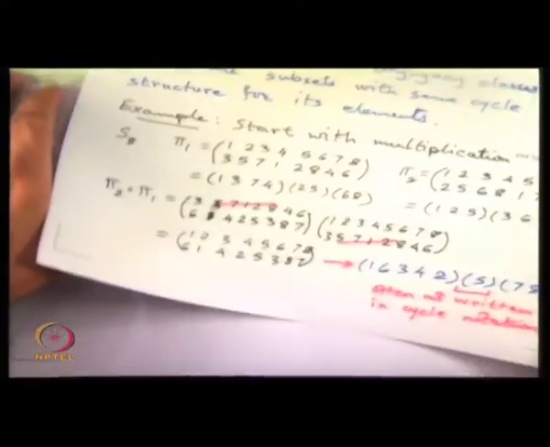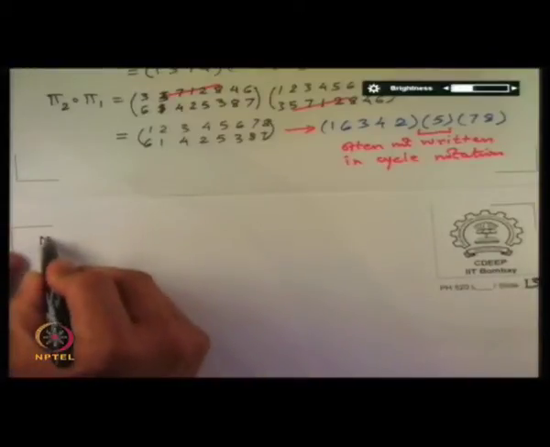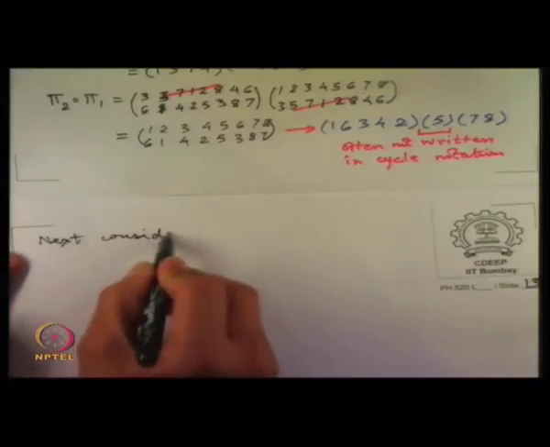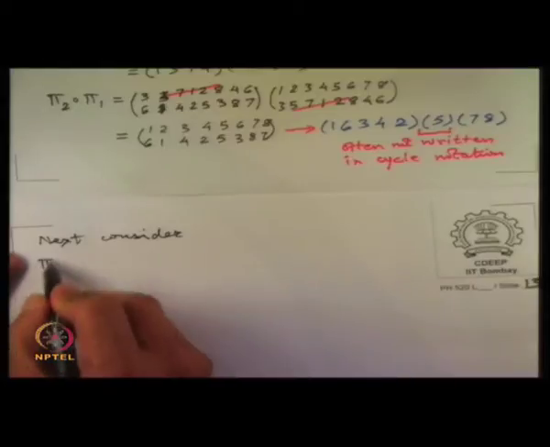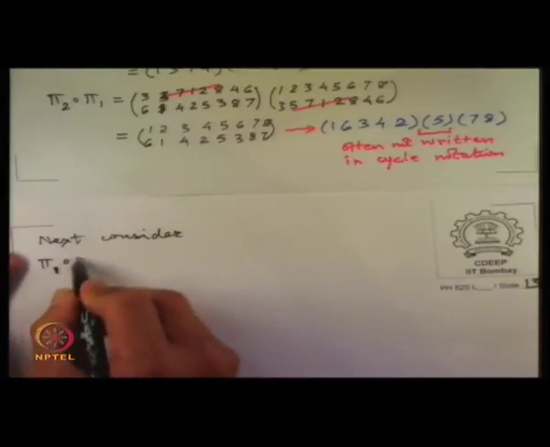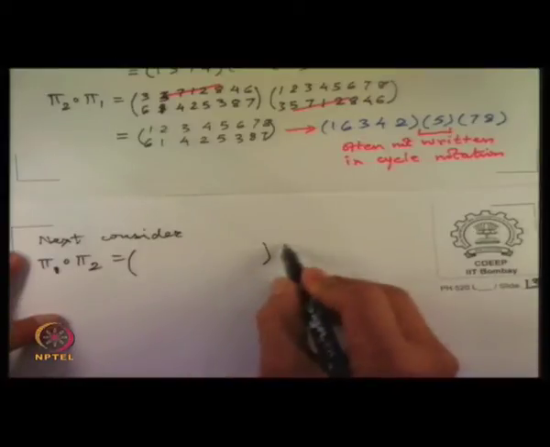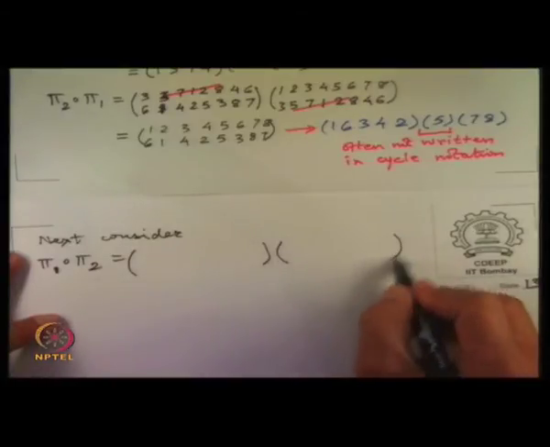Now, if we spend a few minutes more, then we will see something useful, which is to do the multiplication in reverse order. So next, consider pi 1 composed with pi 2. I hope you are enjoying this game.